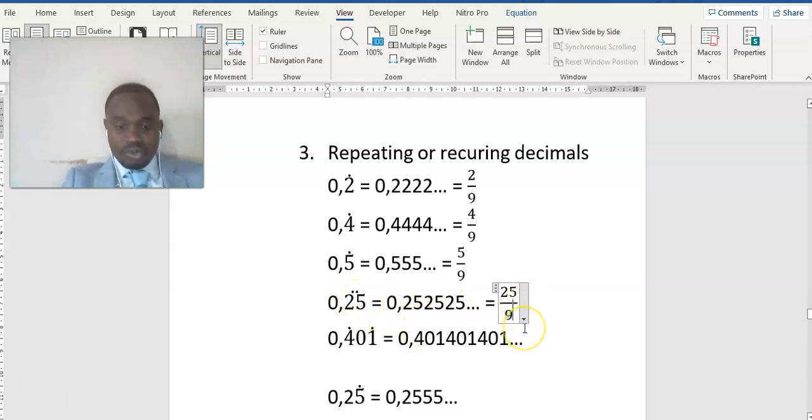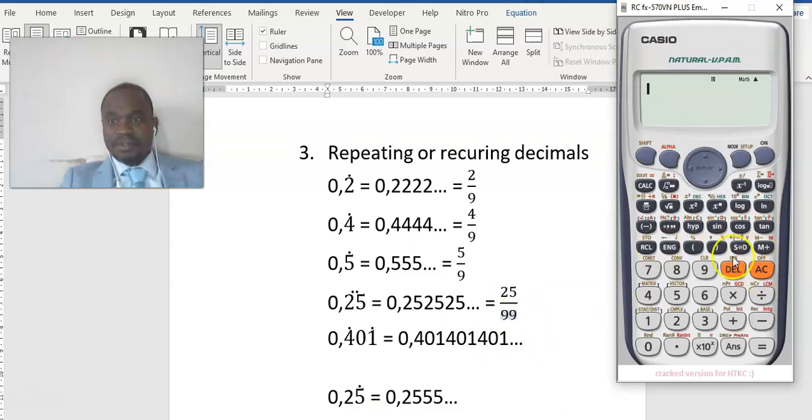So it's going to be 2, 9. Remember, how many numbers were repeating? Only one number was repeating, so it's over 9. So 2 numbers repeating is going to be 9, 9. 3 numbers is going to be 9, 9, 9. Is that okay? So let's check this on the calculator.